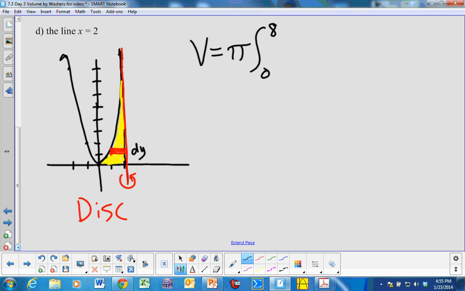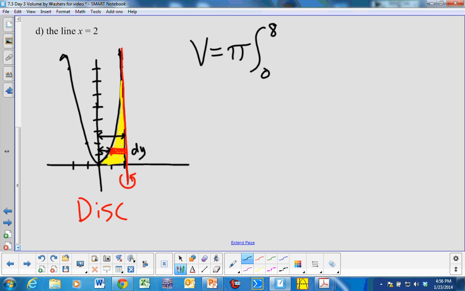And then I want my radius, and that's all I need, and then I can answer the question. So the radius means the height of the rectangle here. So here we have to think about the distance, and we're going from the y-axis. Everything's in terms of y. So we need this distance minus this distance to give me the height of that rectangle.